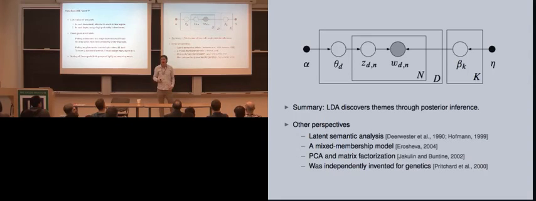Now, in the late 90s, Thomas Hoffman worked on something called probabilistic latent semantic analysis, which was trying to build a probabilistic version of latent semantic analysis, and that's called the aspect model, or PLSA. And what LDA does is build basically a fully Bayesian and properly generative version of Thomas Hoffman's original model.